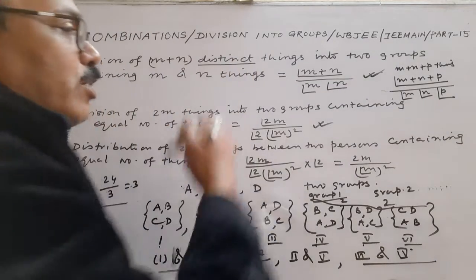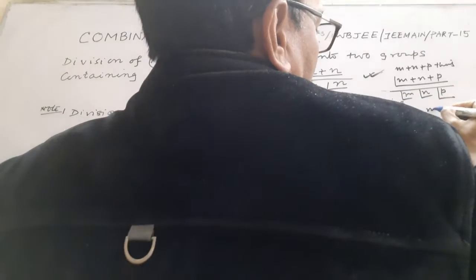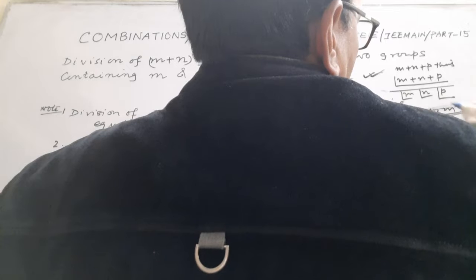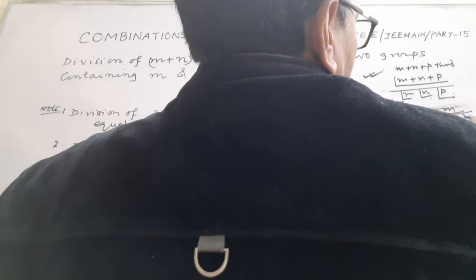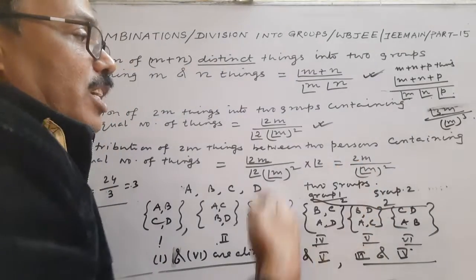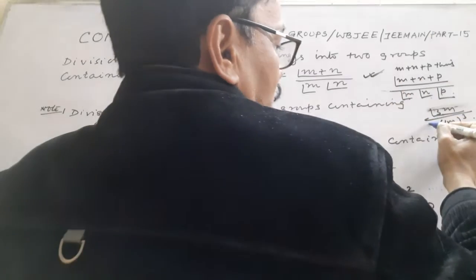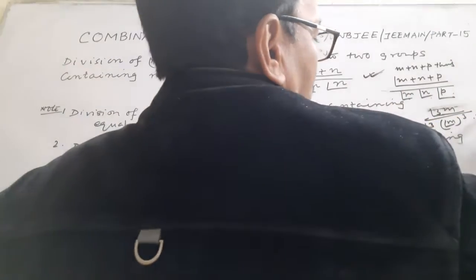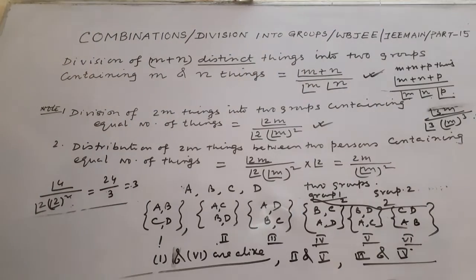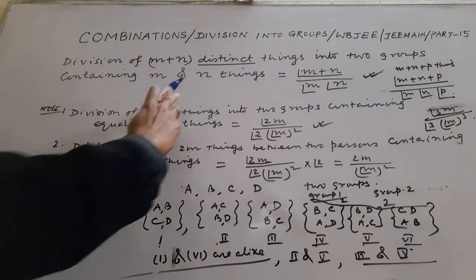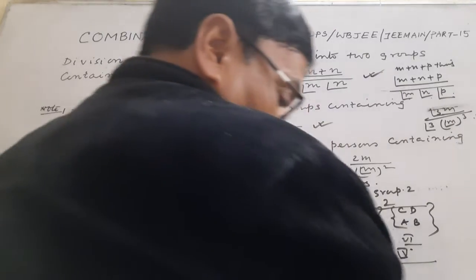In case of 3 groups, the formula will be factorial 3m by factorial m whole cube. In this case, 6 groups are alike, so you have to divide by factorial 3. So division of 2m things into 2 groups.